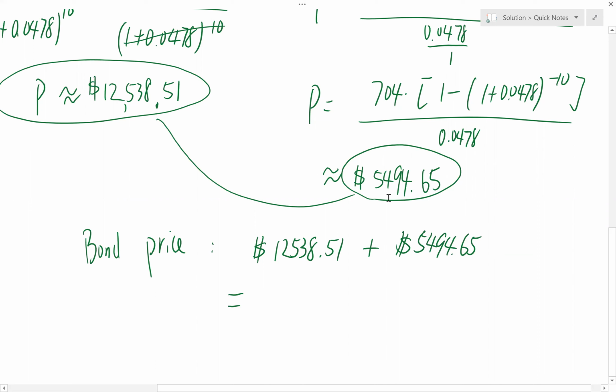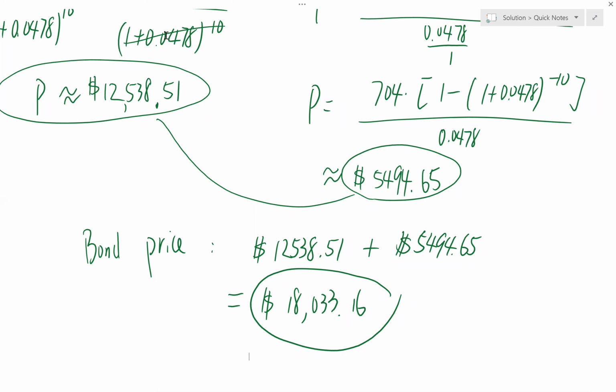And this combined total is the bond price. So at the current moment, as an investor, you're willing to pay this amount for two sources of income. Okay, $8,033.16. Any questions on this?